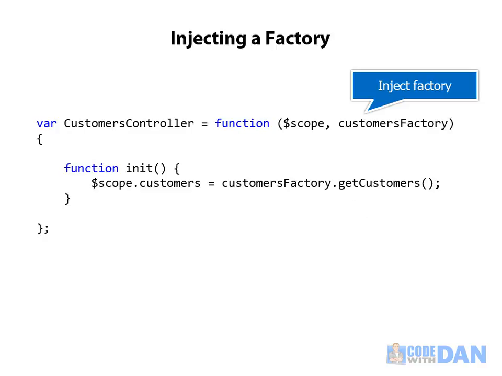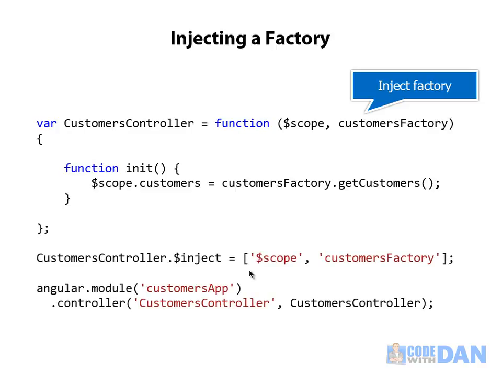Now, what's nice about this is it's going to keep our controllers and even other components out there that might use factories really clean and focused. That way we're not worried about adding all the code into the controller. We can actually modularize our app, and that's going to make it a lot more reusable and hopefully make it easier to maintain as well.